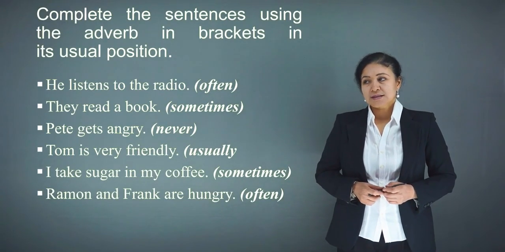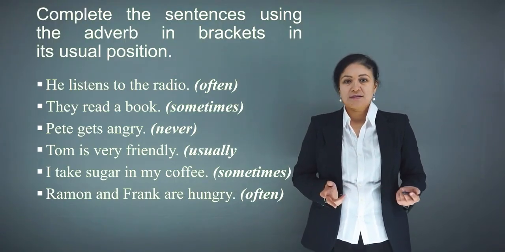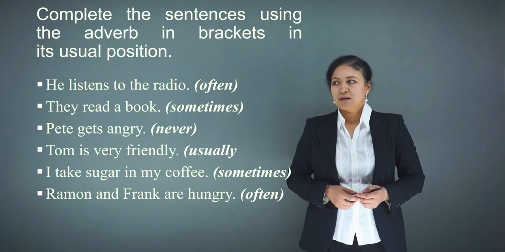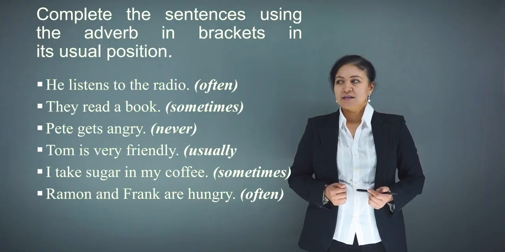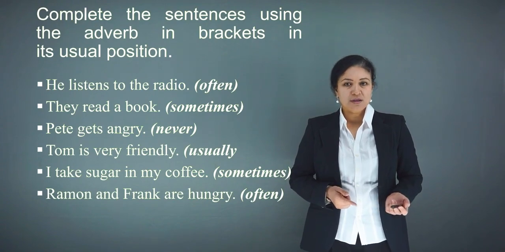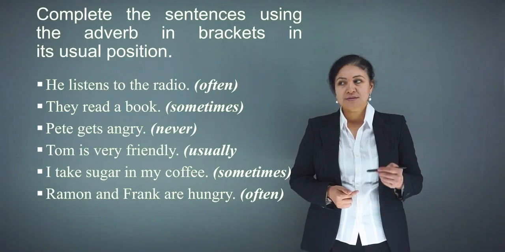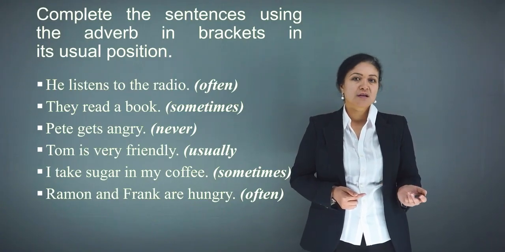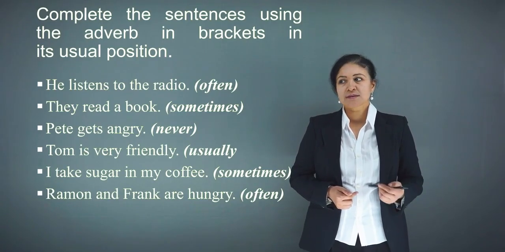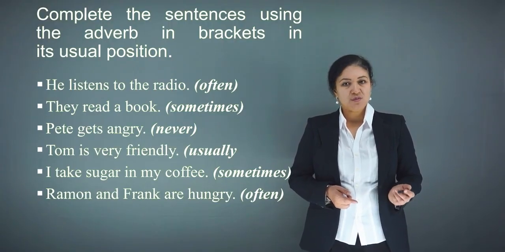Well, let's practice using the adverbs of frequency in the activities. For example, in the first sentence, he often listens to the radio. There is a main verb listen. That's why before the main verb we use adverbs of frequency. Next sentence. They sometimes read a book.